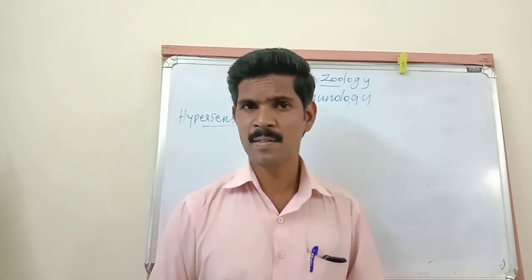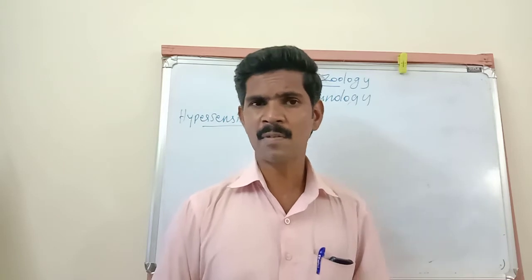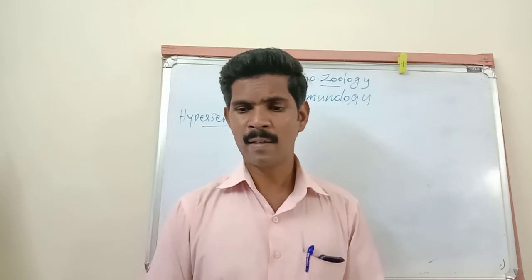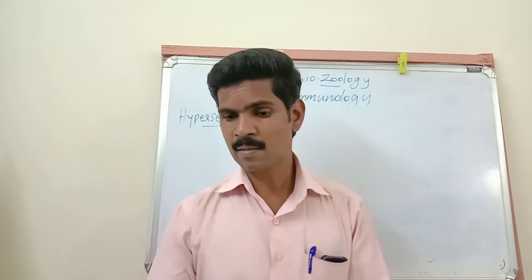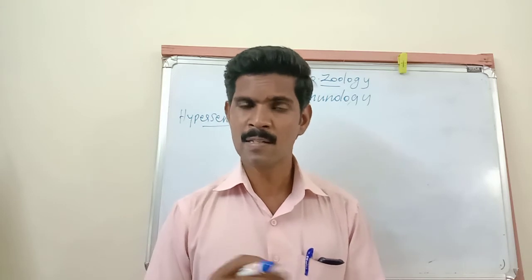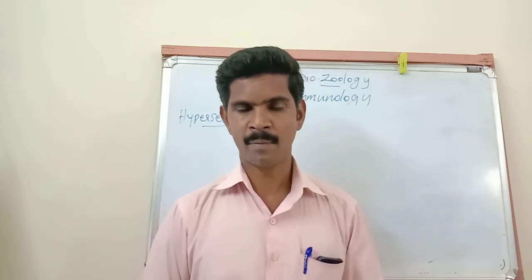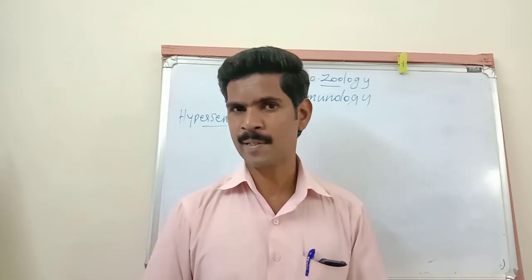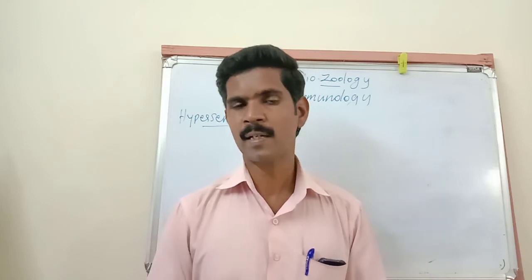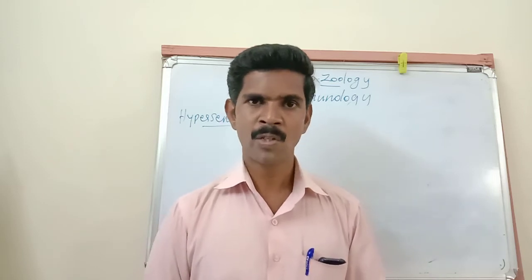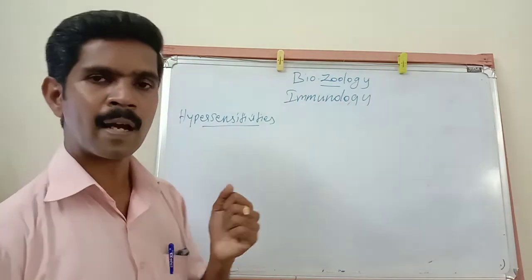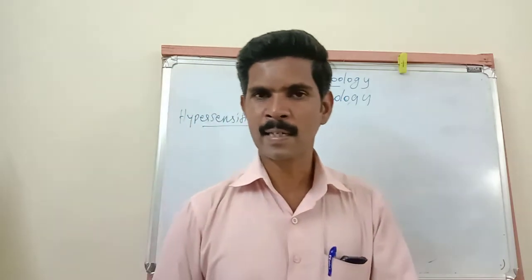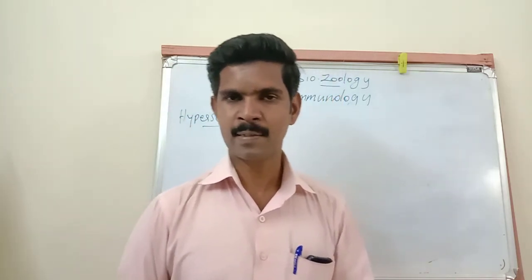The allergic reaction starts when the allergens contact our body, and it lasts for a maximum of 30 minutes. So now we have completed the second topic, hypersensitivity. Here a very important question: the reason for the allergic reaction is the IgE antibody.